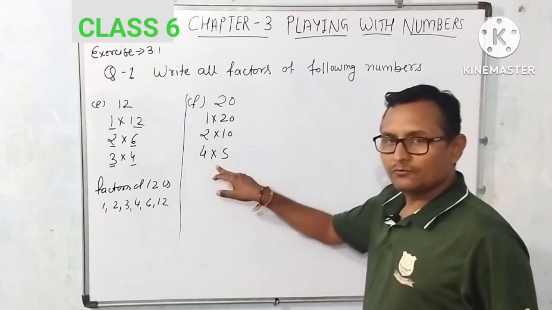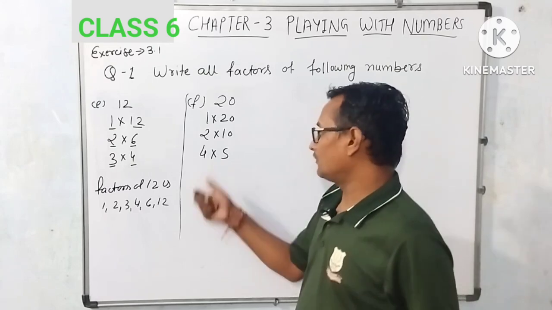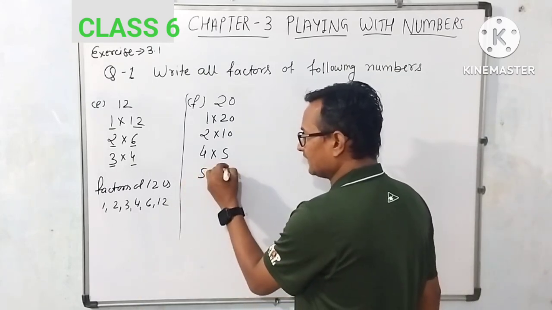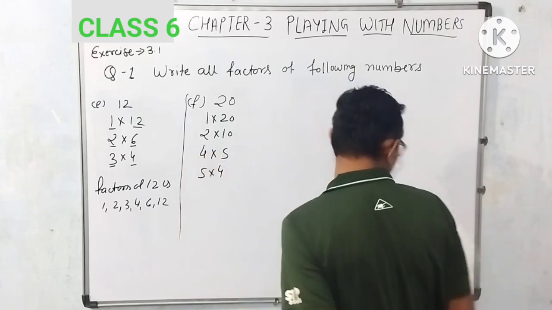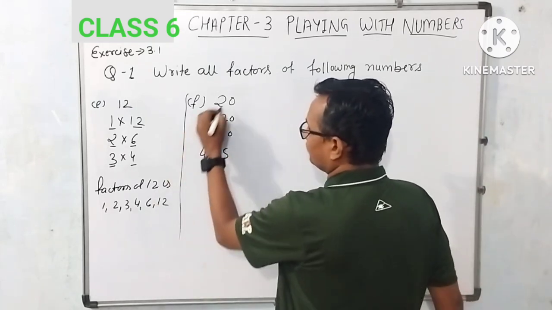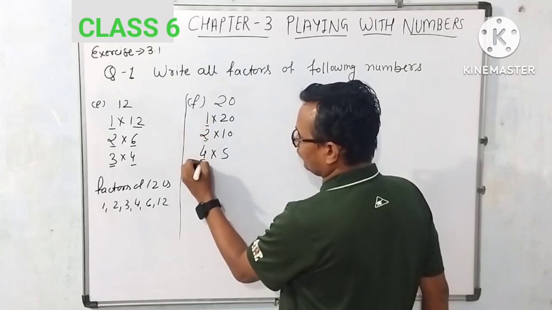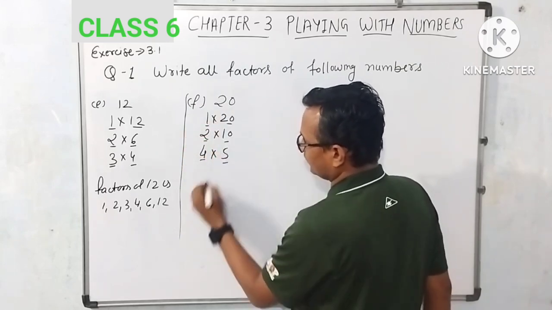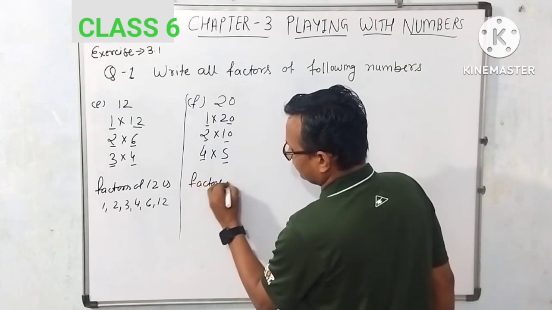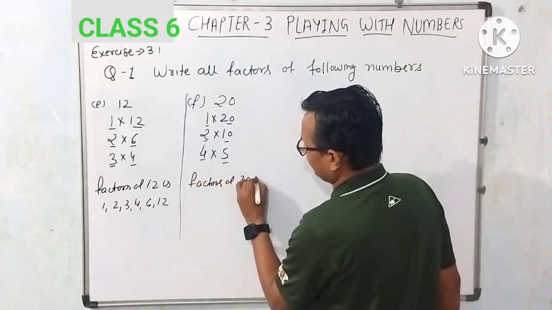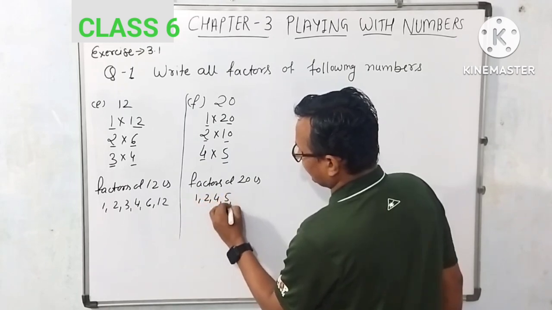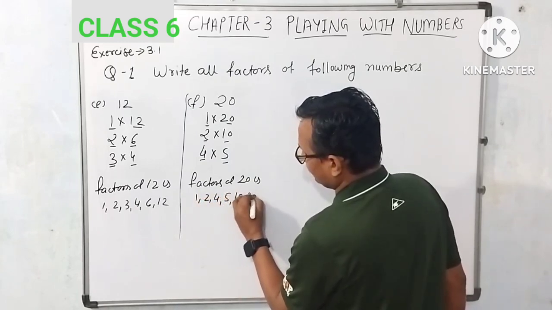Then it comes in the table of 5, 5 4s are 20, so that will repeat. If I write 5 4s are 20, it is a repeat of 4 into 5. So we have to stop here. So the factors of 20 are 1, 2, 4, 5, 10 and 20. So we can write factors of 20 are 1, 2, 4, 5, 10 and 20.